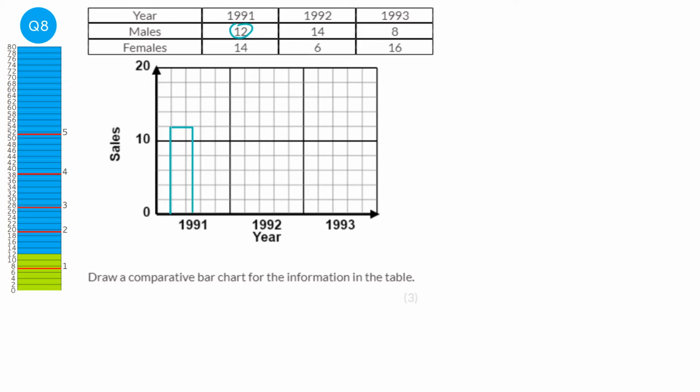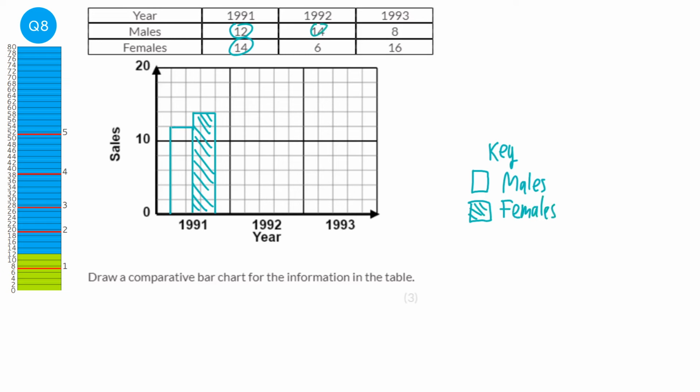And then right next to it, we're going to do females, which is 14. And so we're going to make this go up to 14. And there we go. Now, we need to be able to tell these apart, so what I'm going to do is just shade in the females. And we should do a little key. And we say that if they're not shaded, it's males. And if they're shaded, that is females.